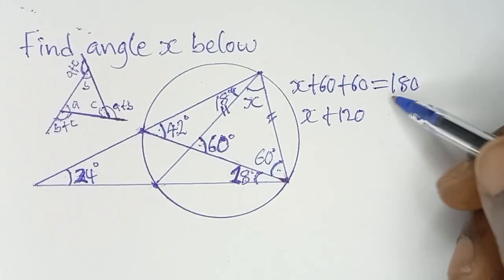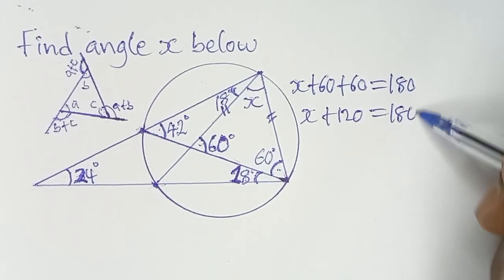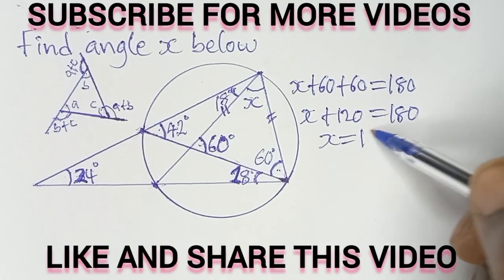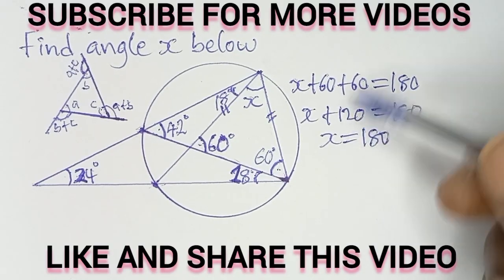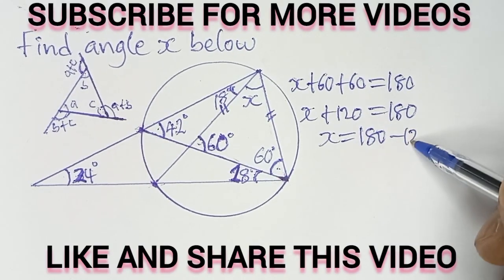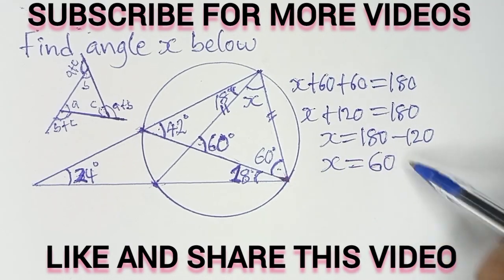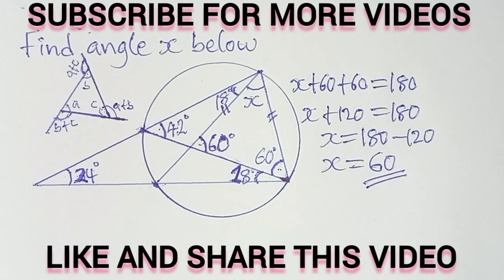So x plus 120 is equal to 180. So now x will be equal to 180 minus 120. When this positive 120 comes to this side, it becomes negative 120. And that finally gives x as 60 degrees, as explained before. So this angle x is 60 degrees, and that is the final answer.